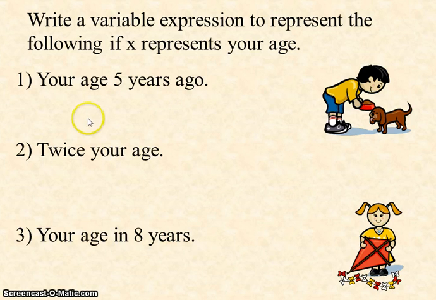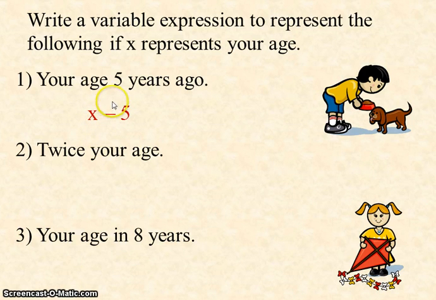So, if you were going to write a variable expression for the following, how would you do it? Well, you just kind of think about it. It's your age 5 years ago. So you could represent your age by a variable and then take away 5. Okay, so in this case, I just chose x and minus 5. For example, I'm 33 years old.